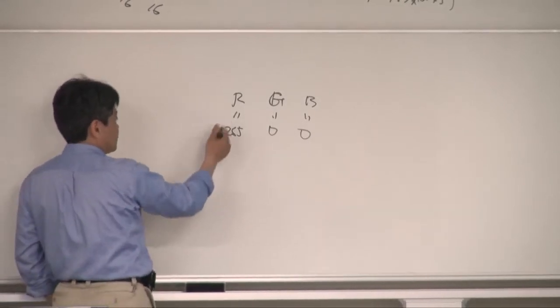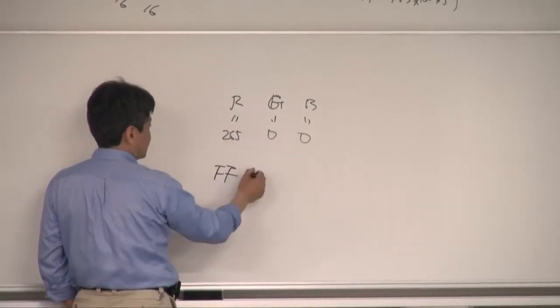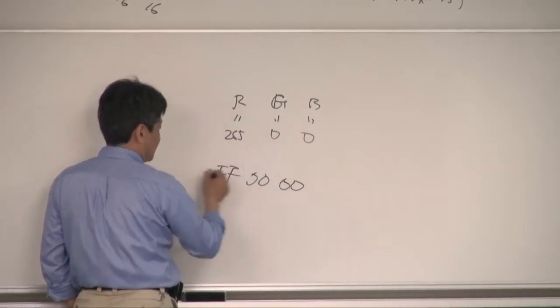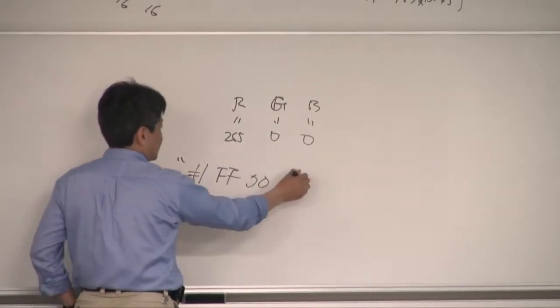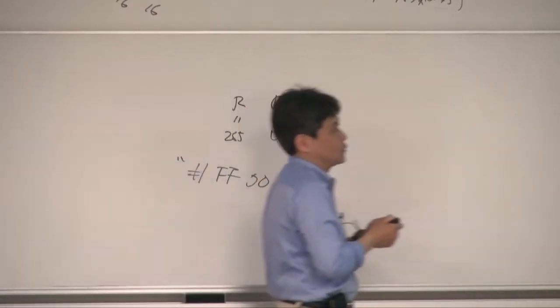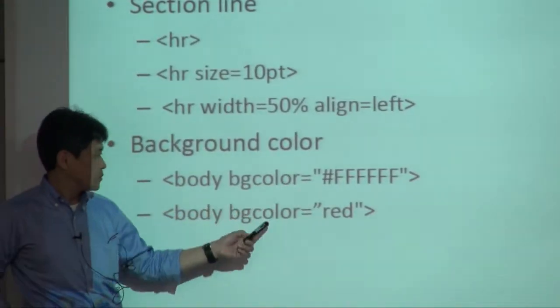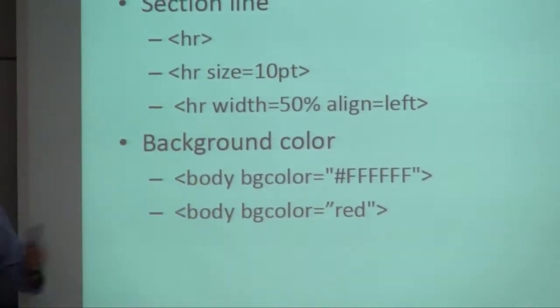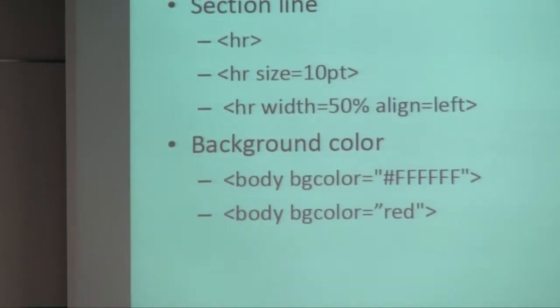So in this case, it's FF 00 00. If you specify this number, it is completely the same as this. Can you understand?